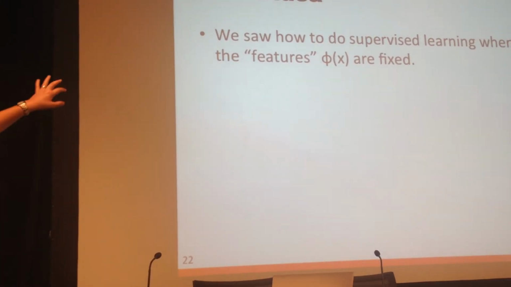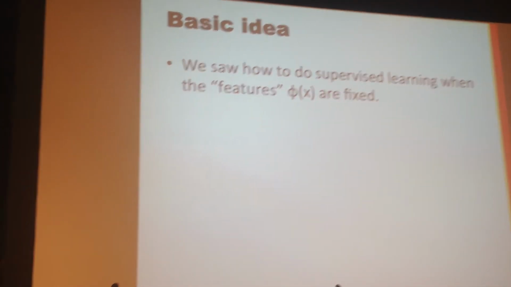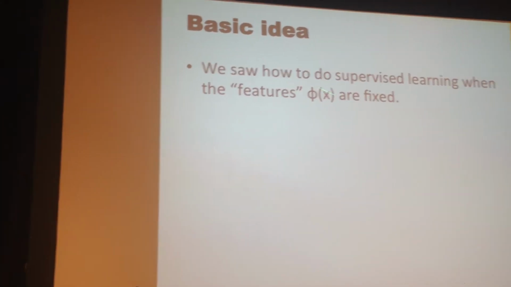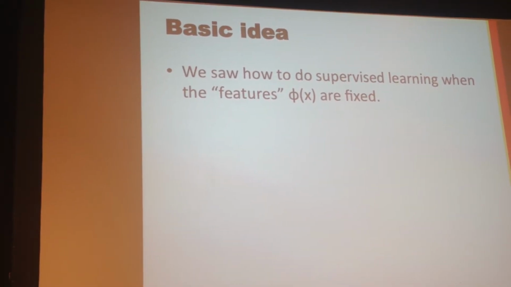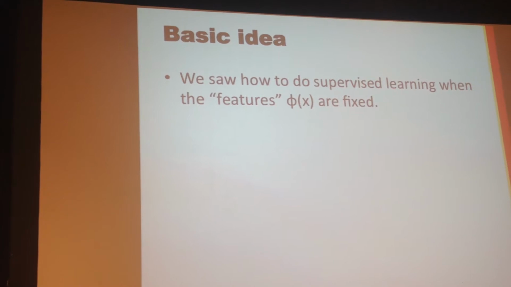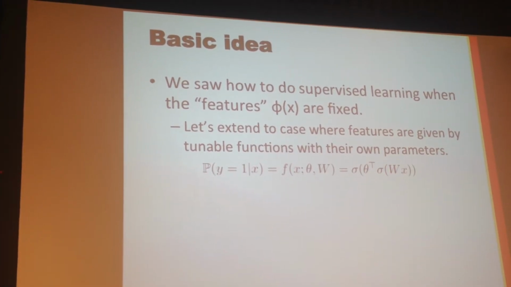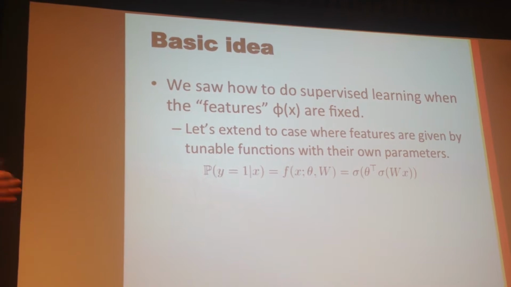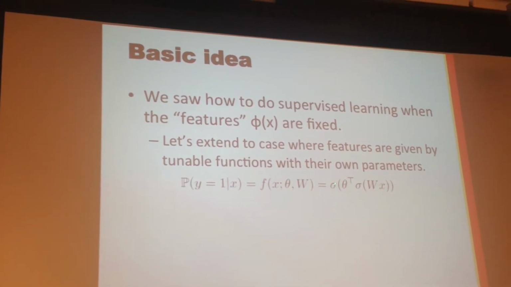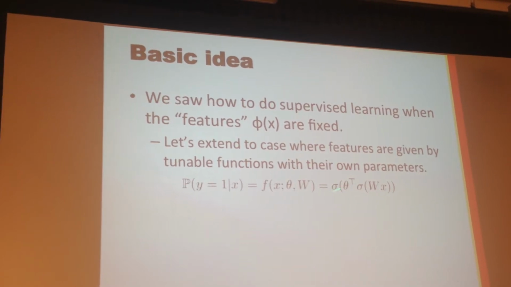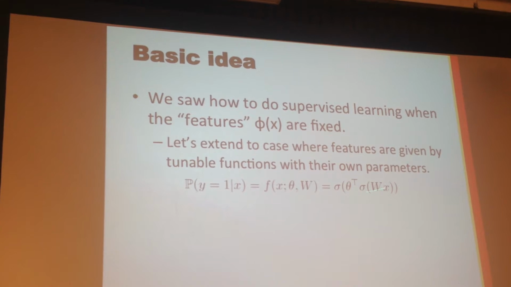In the last slide, I said there's this function phi of x, like maybe your cylinder detectors, that's going to come up with a new representation of your images to make your machine learning algorithm work better. So what we're going to do is take logistic regression and extend it just a little bit. Before, remember that I had this function sigma, this squashing function, followed by a linear function of x.